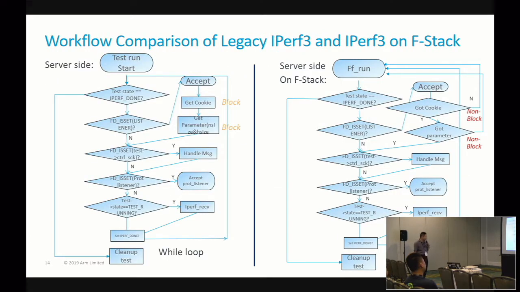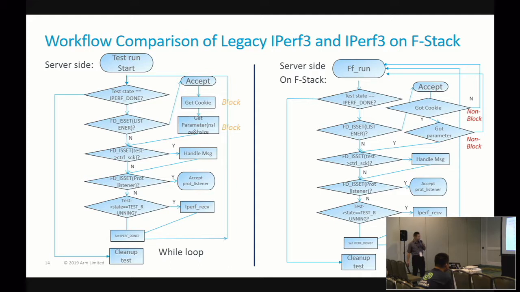This page gives out a legacy IPv3 and IPv3 on F-Stack. From the left part, the users can block all the processing, or block to wait for some special tag to initiate the request.